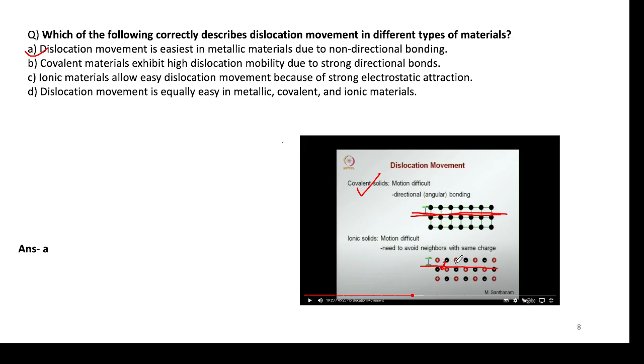Because of that, whatever we try to do may not be possible. So in ionic solids also, the creation of dislocation is not that easy, compared to metallic material where the bonding is non-directional.